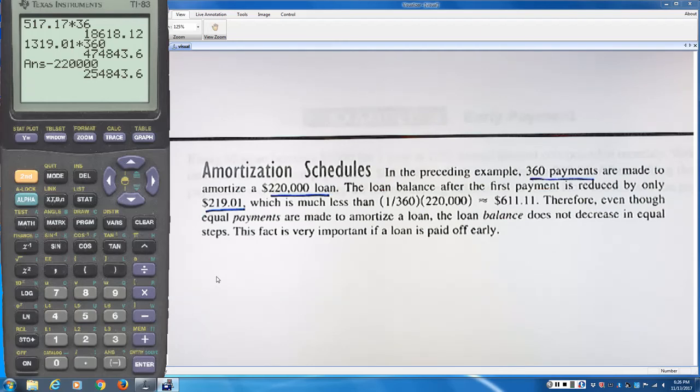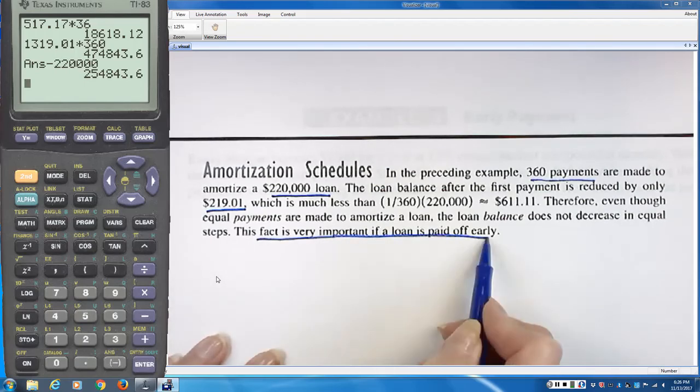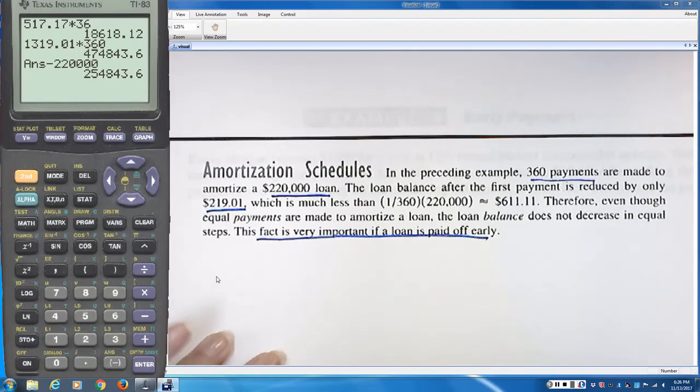In the beginning, with every payment you make, most of it goes toward interest, and only a small amount of it goes toward the principal. Now, as you progress through the life of the loan, the amount of your payment that goes toward the principal increases because your balance shrinks and you have less interest to pay. So this is a very important fact if the loan's going to be paid off early.